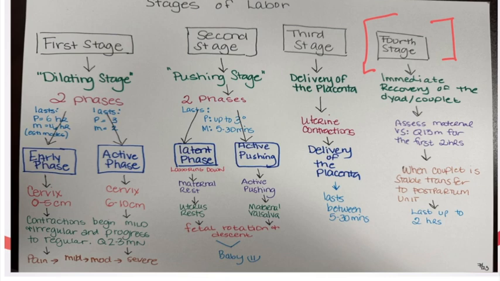There are two phases of the dilating stage, and I know it can be confusing because we have stages and phases, and I apologize for that, but regardless, we have to keep moving. We have an early phase of the first stage and an active phase of the first stage.